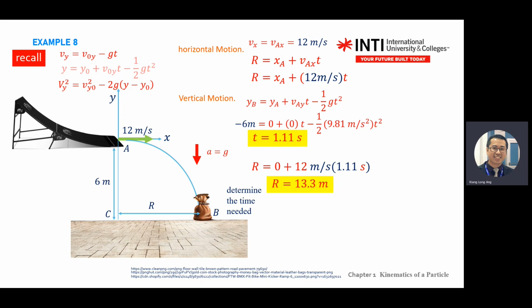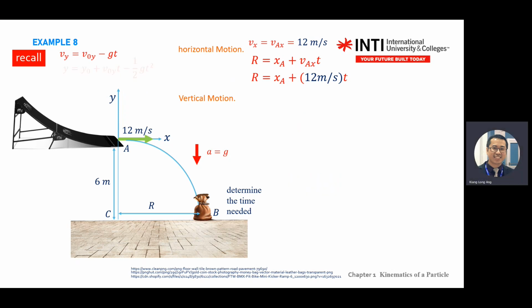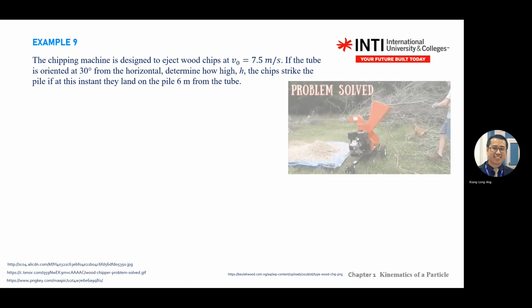Left-hand side, do the horizontal; right-hand side, do the vertical, and so on. Then you are solving simultaneous equations. And every time you deal with projectiles, recall the 3 equations.